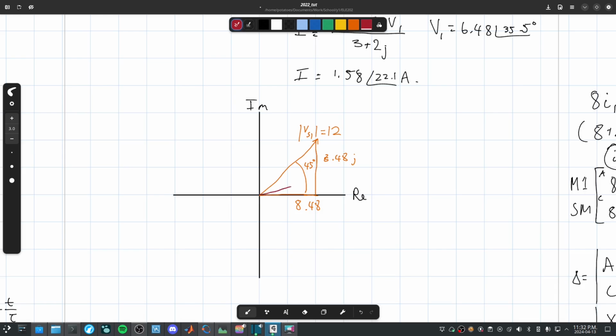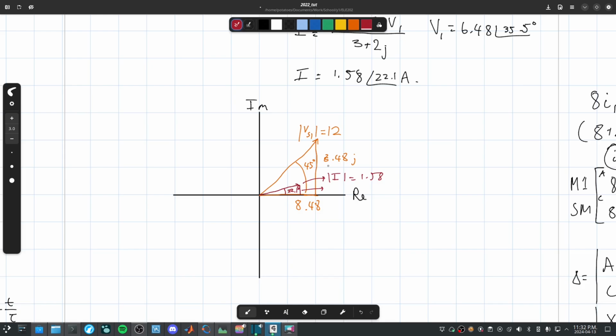So let's draw that. This is I. The absolute value of I is 1.58 at an angle of 22.1 degrees. It's a little cramped. You can draw yours bigger on the test.